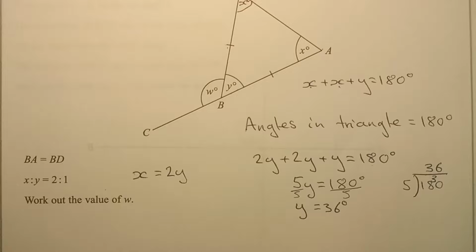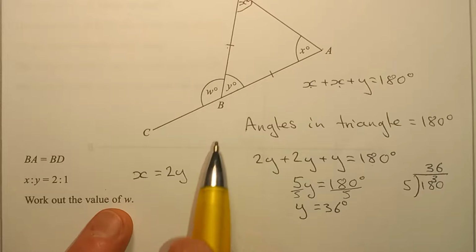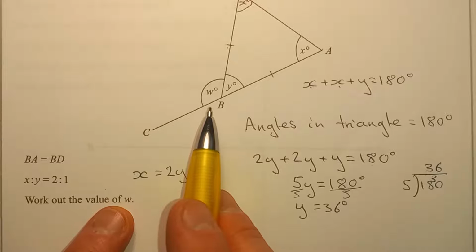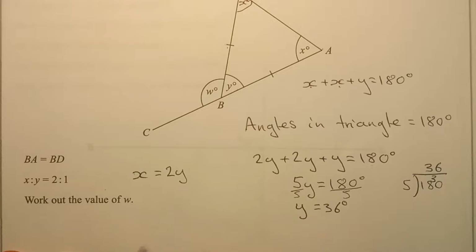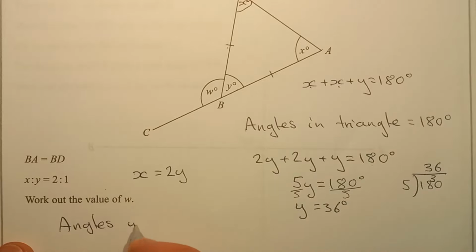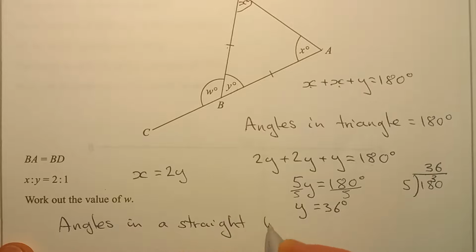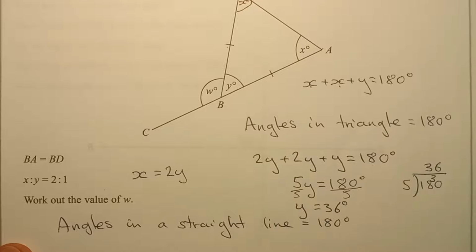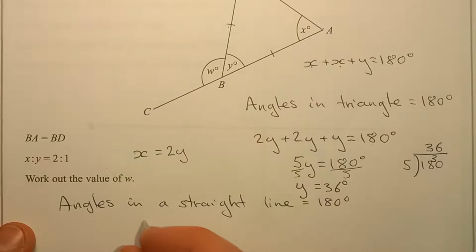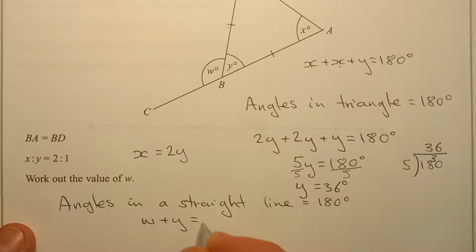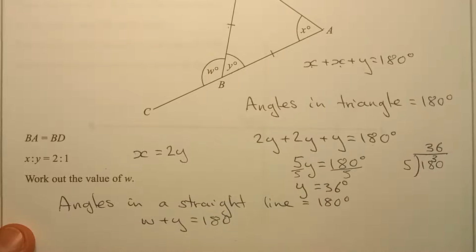Okay, now we're trying to work out the value of w. Well, as well as knowing that angles in a triangle add up to 180, we can say angles in a straight line add up to 180 degrees as well. So that means that w plus y equals 180.